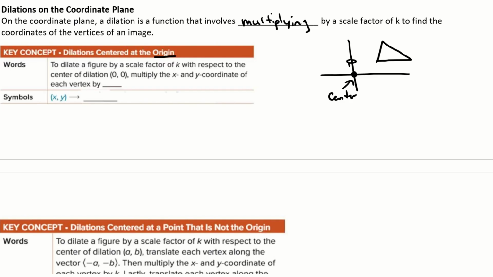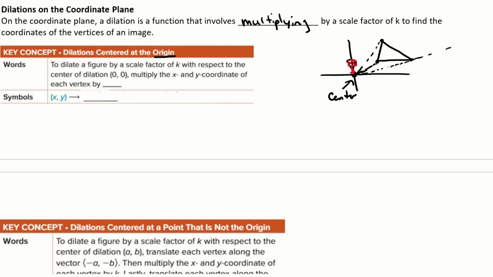So imagine that you put a thumbtack there, and then you put a string from there to each of the points on the original figure, and this represents a string. And so what you're doing is you're taking this string and you're either stretching it and making a dilation, or you're shrinking it and producing a reduction. Okay, so hopefully that made sense.